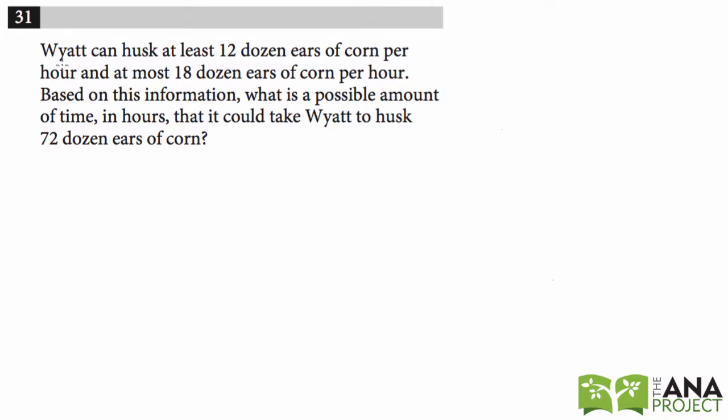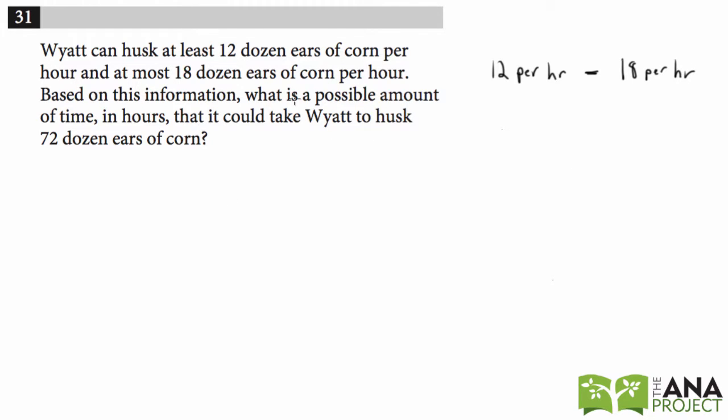Wyatt can husk at least 12 dozen ears of corn per hour and at most 18 dozen ears of corn per hour. So at least 12 dozen ears of corn per hour, and at most 18 dozen ears of corn per hour.